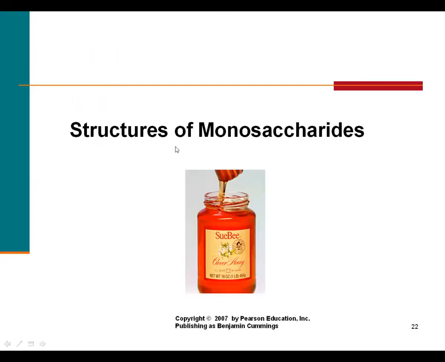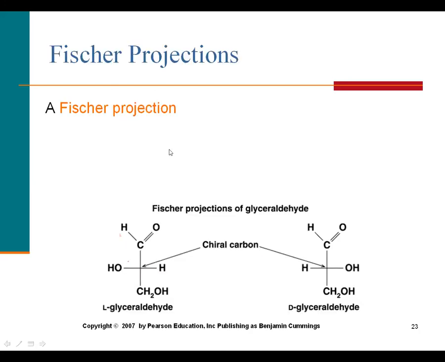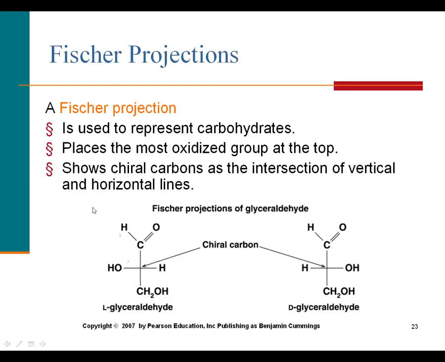That's good. So let's talk about some of the structures, though, of some important monosaccharides. Again, a Fischer projection puts the most oxidized group on top. So that's going to be your carbon-oxygen double bond. And again, this is very common how we draw our carbohydrates. Any intersection or where a line comes across is going to represent a carbon, and that would be a chiral carbon in that case.